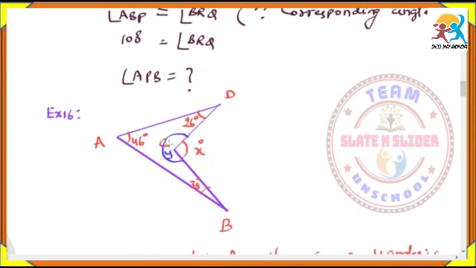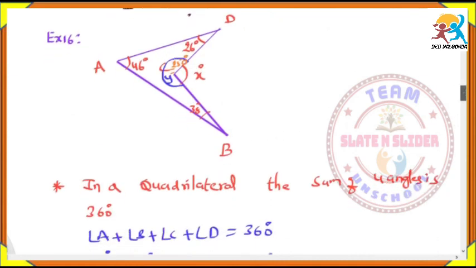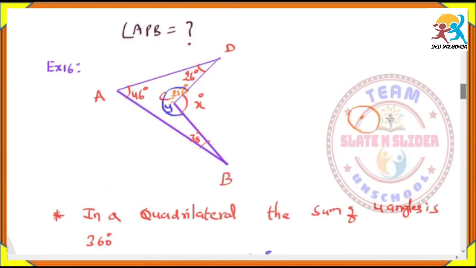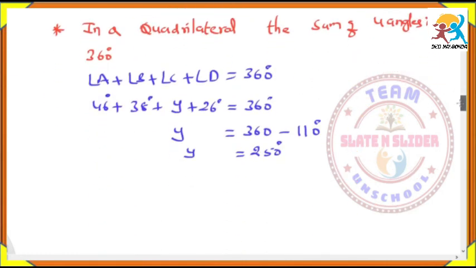Actually we have to find out x. So x is the exterior of angle C, so that at a point the angle at any point is 360 degrees. So this is 360. So we can find x is equal to 360 minus y. So x is equal to 360 minus 250. So x is equal to 110 degrees.